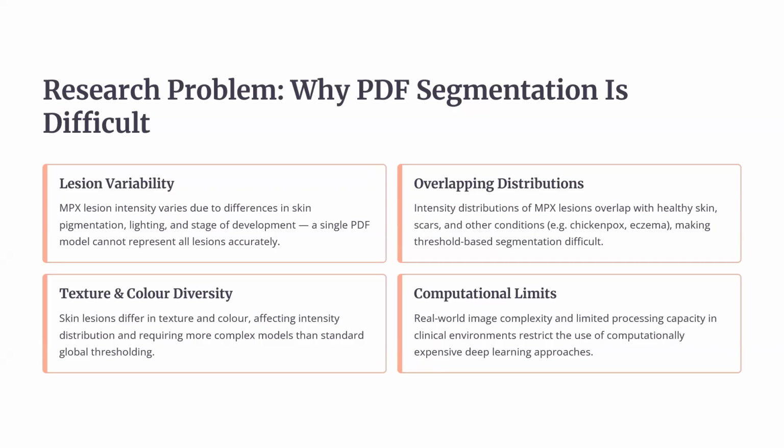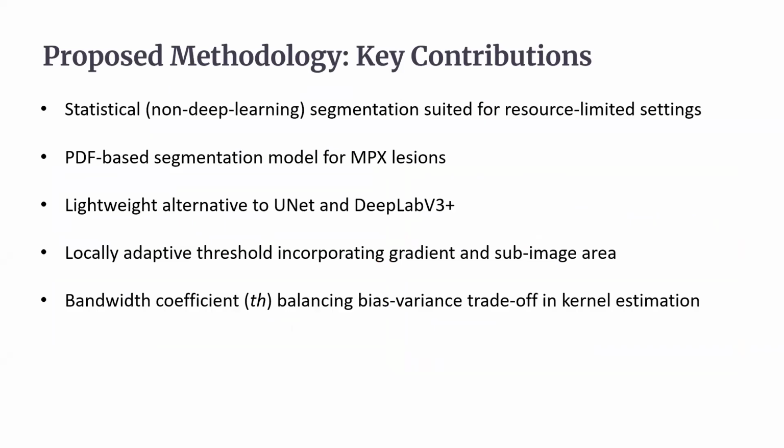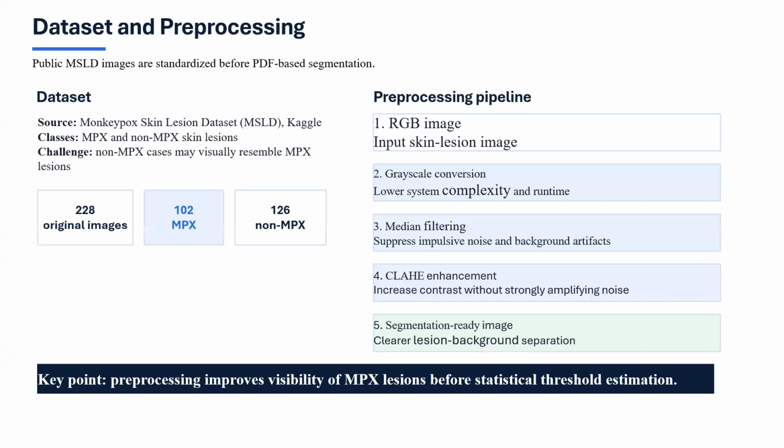The method is based on probability density functions and local thresholds. Instead of applying one fixed threshold to the entire image, our approach estimates pixel characteristics within local image regions.